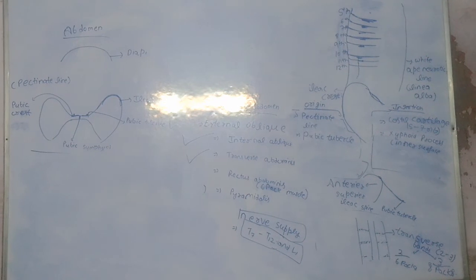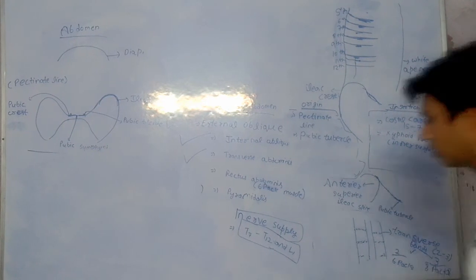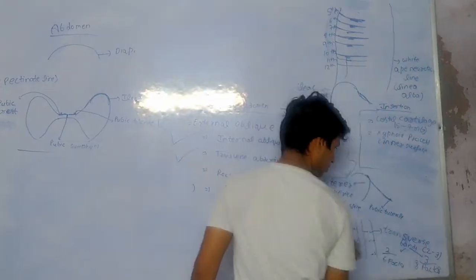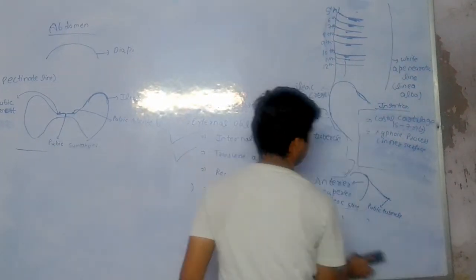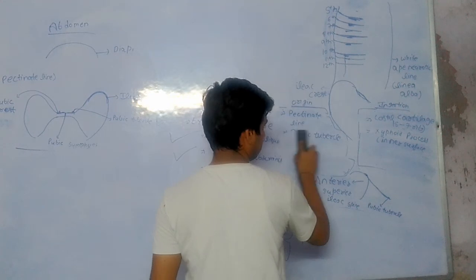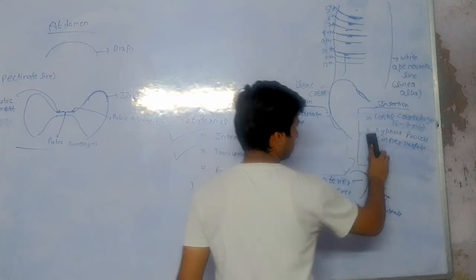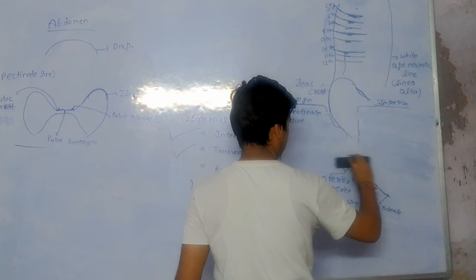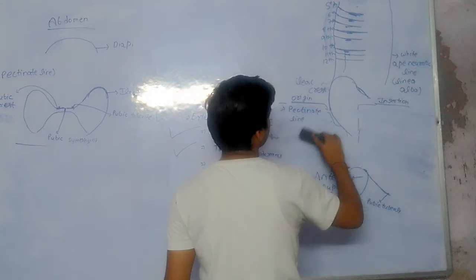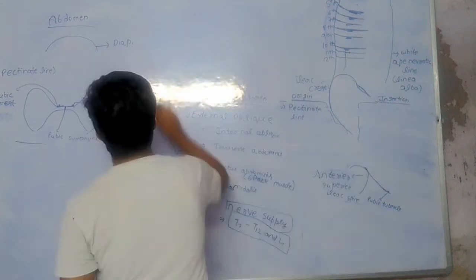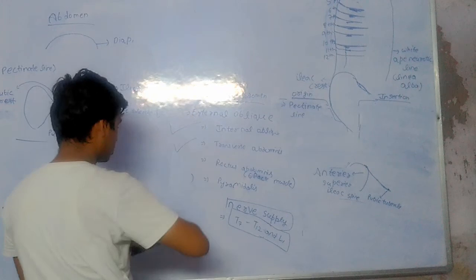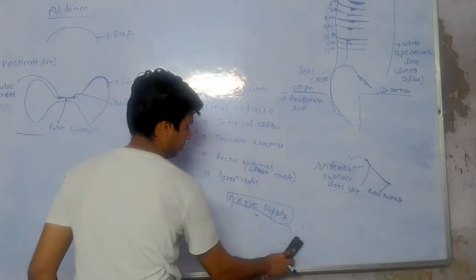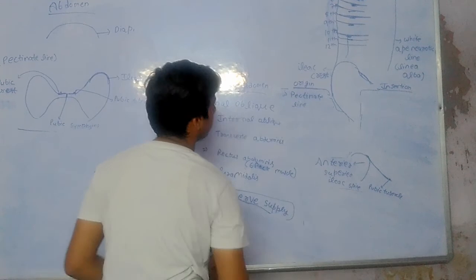Then the last muscle is called pyramidalis muscle. This also done. Then is pyramidalis muscle. Some things are changed.